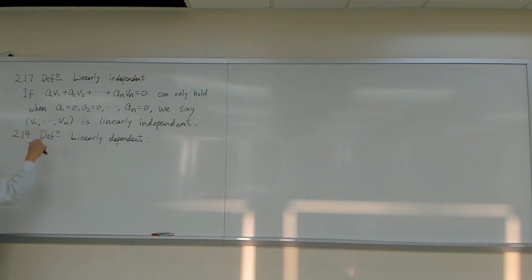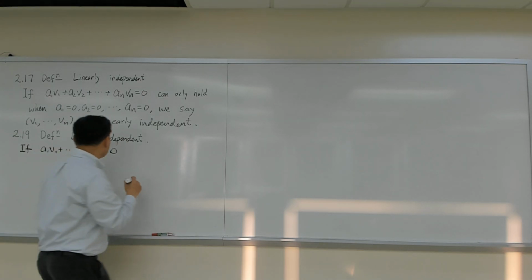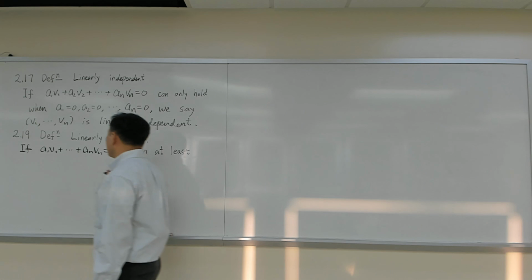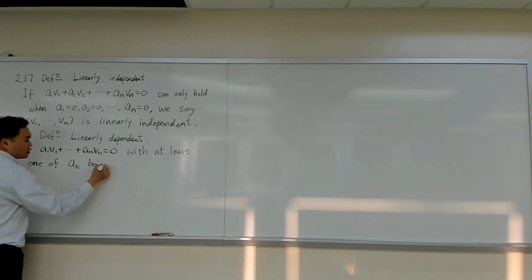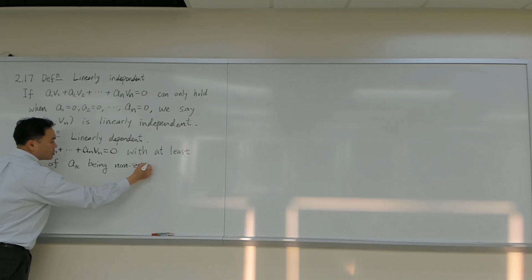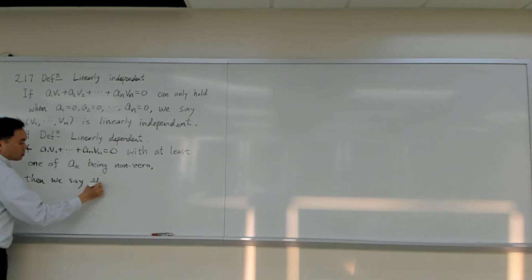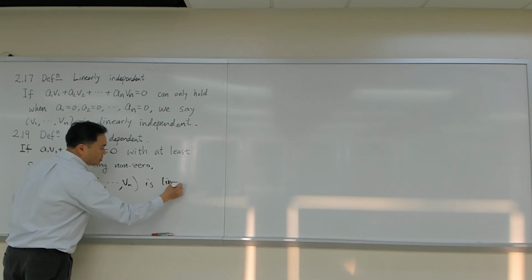But what that means is, if a1 v1 plus ... plus an vn equal to 0 with at least one of the ak being non-zero, then we say v1 through vn, this list here, is linearly dependent.